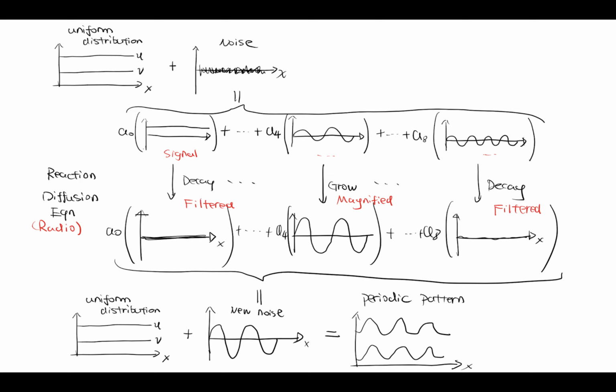Now, if we add them back together, the noise is going to become a periodic pattern, which is very interesting. If you add that to the uniform distribution, you get a periodic pattern, as was shown in the different characteristics.